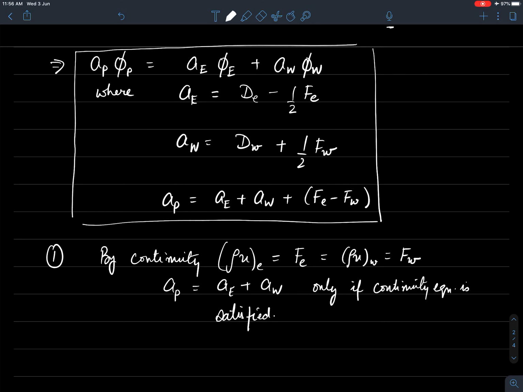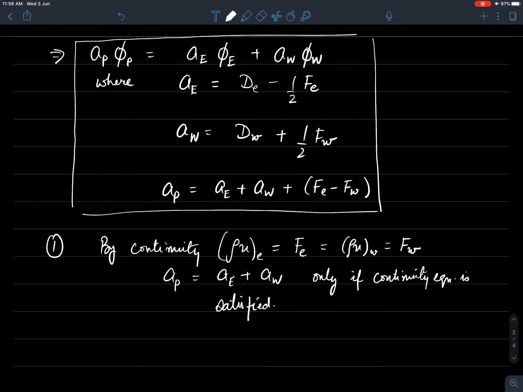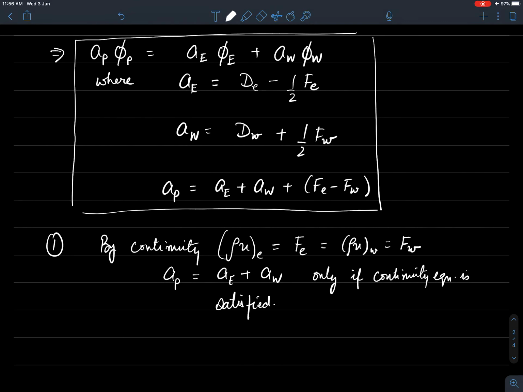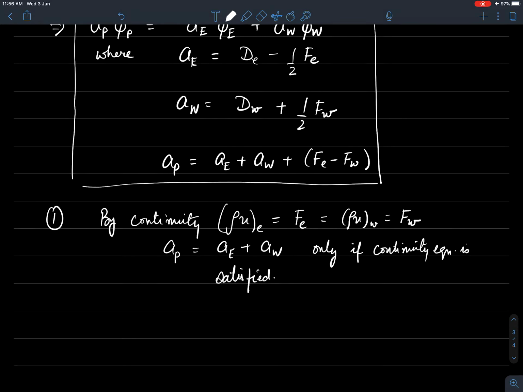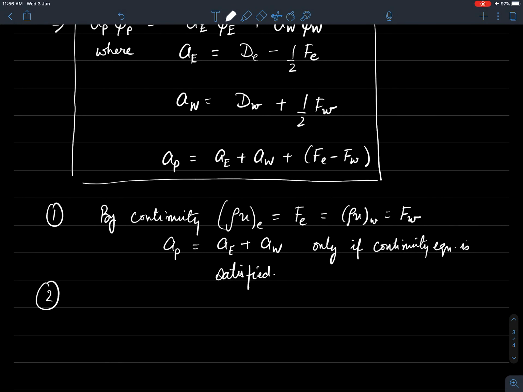We may be in the middle of an iteration process, or the velocity field may be coupled to the variable phi, so it's likely that Fe may not be equal to Fw. That depends on the way we are solving and the assumptions we made about the flow field.